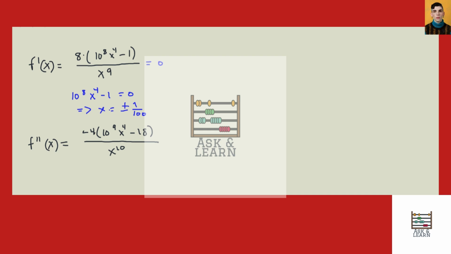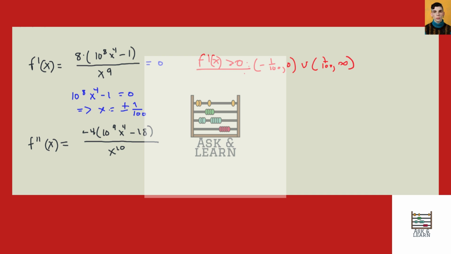And now let's go ahead and solve for where f prime of x is strictly larger than 0. Well, I went ahead and solved for this beforehand as well, otherwise it was going to make the video way too long. So it's greater than 0 on the interval negative 1/100 to 0, union 1/100 to infinity.